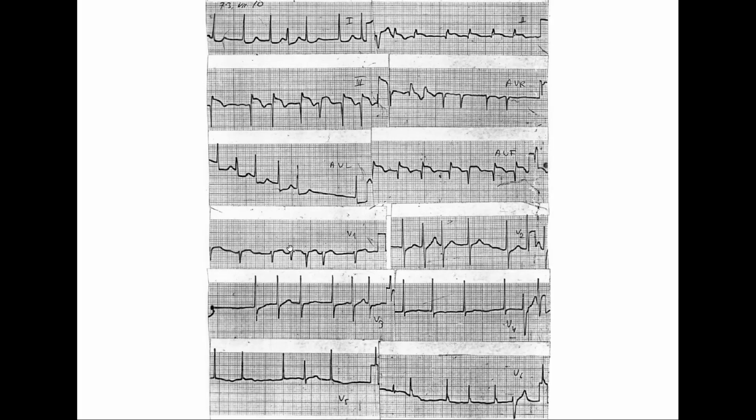Normally we have a normal R progression, usually between V3 and V4, when the R becomes bigger than the S wave. And here in V2 the R is bigger than the S, meaning we have a tall R in V2. So a prominent R wave in V2, V3 is not normal. That can indicate a Q wave on the back, because that's a mirror image.